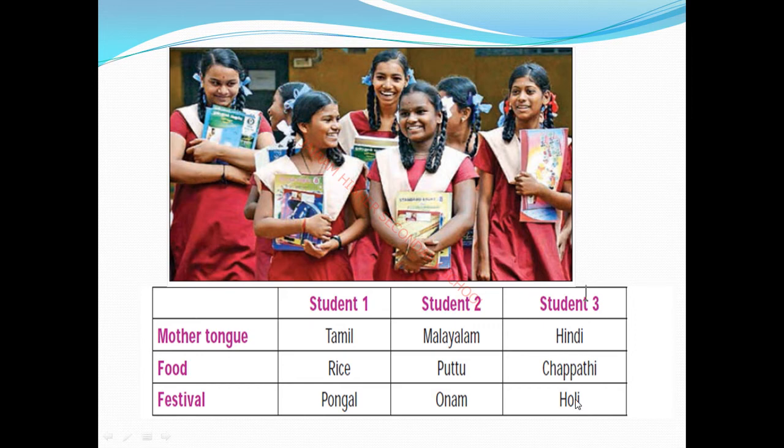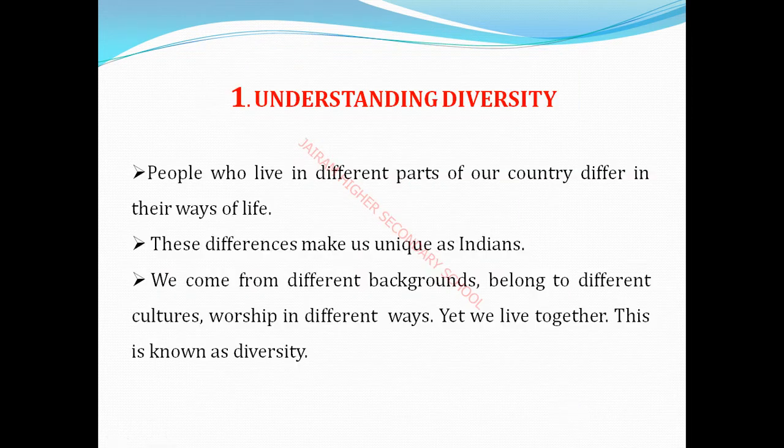Okay children, yes. See, next topic, understanding diversity. From the reference of the picture and tabular column, we have seen there is unity in diversity. This is followed by the people who live in different parts of our country and differ in their ways of life.